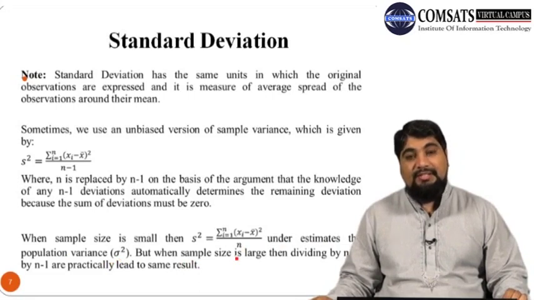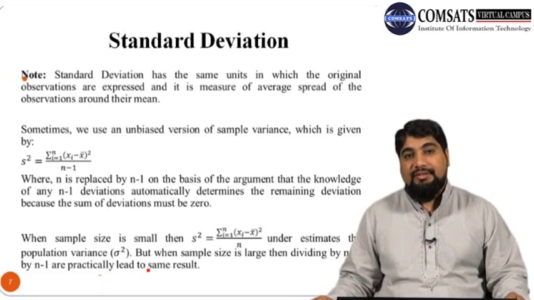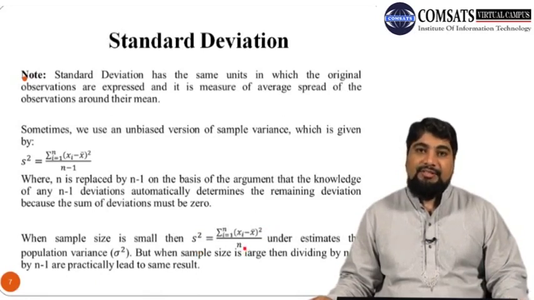But when sample size is very large, then whether you write n or n minus 1, it will not make a big difference. Dividing by n or n minus 1 will practically lead to the same results. This is one very important point to make. But as far as our course is concerned, we will use only the simple version of the formula by using n instead of n minus 1.